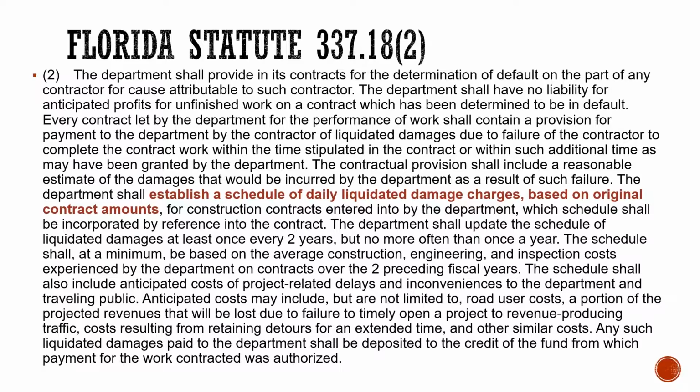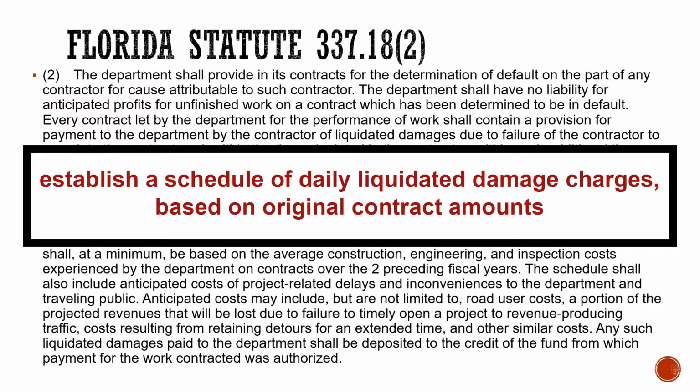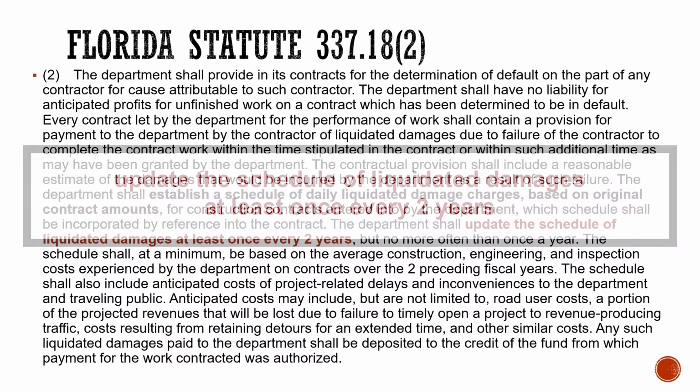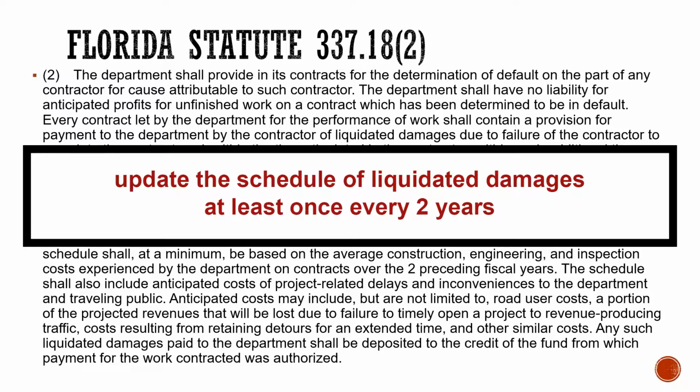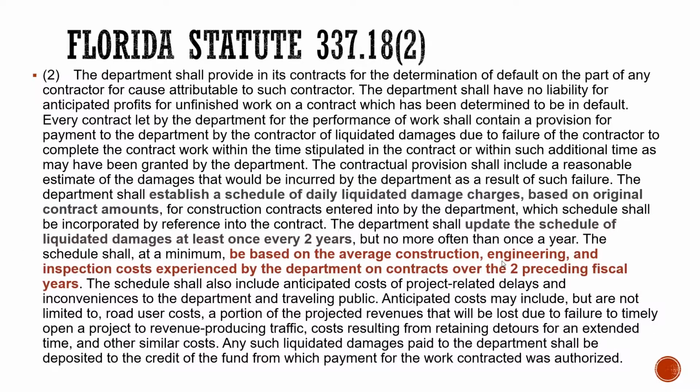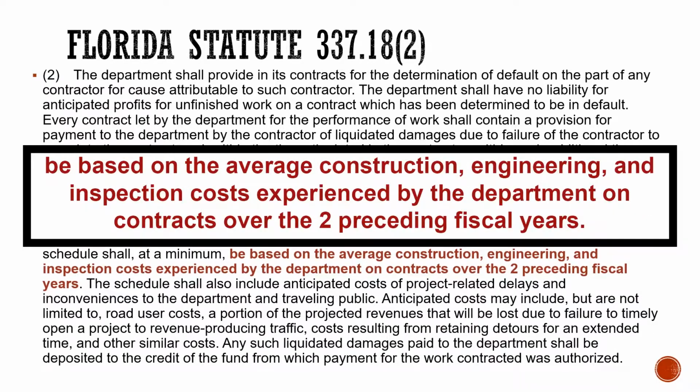First, it states that the department will establish a schedule of daily liquidated damage charges based on the original contract amount. It also states that the department shall update the schedule at least once every 2 years, but no more than once per year. The liquidated damages need to be based on the average construction, engineering, inspection costs experienced by the department on the contracts over the 2 preceding years.